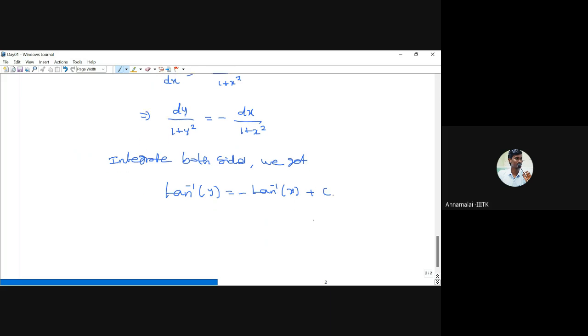Now we can take everything to one side and keep c on the other side. Therefore, we get tan inverse of x plus tan inverse of y equal to c. So this is the required solution.